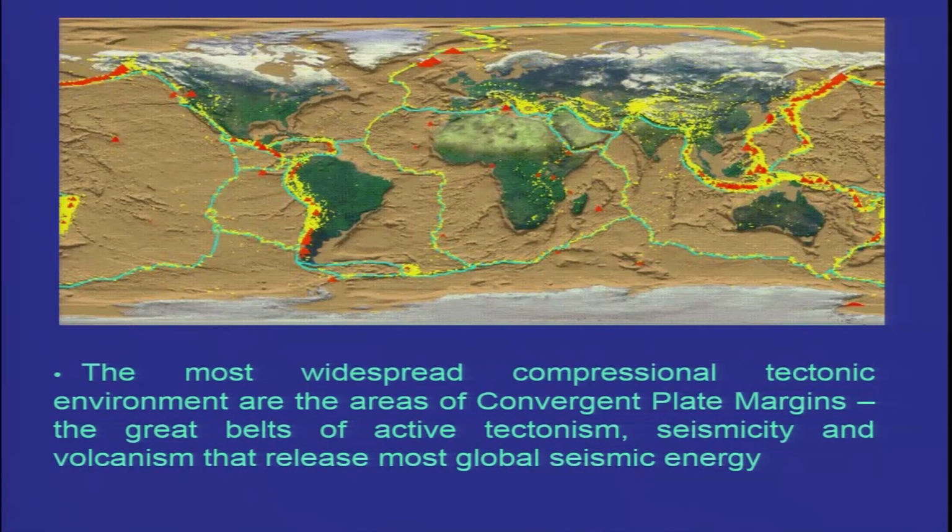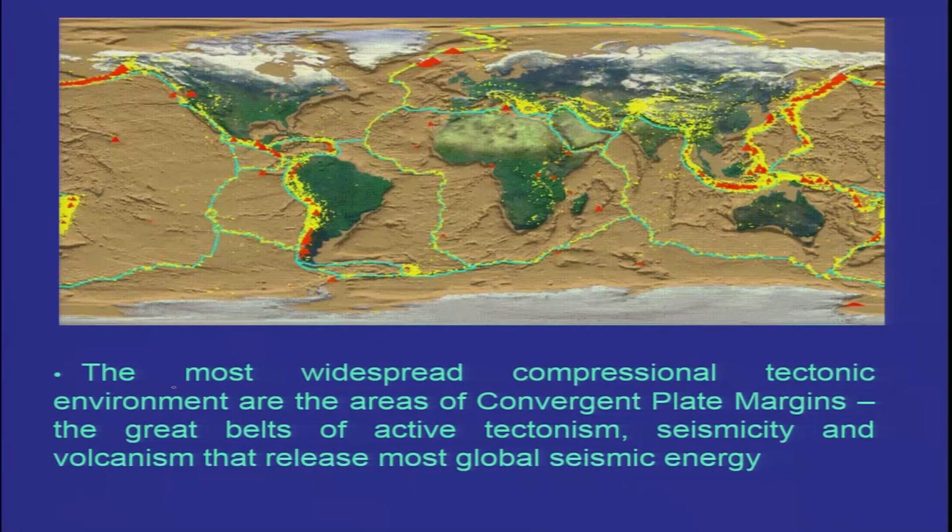We will also see a strike slip component along with the compressional environment in the subduction zone. One of the best examples you can see is along this one, and strike slip we will talk about when we talk about the transform faults between the Pacific and the North American plate.